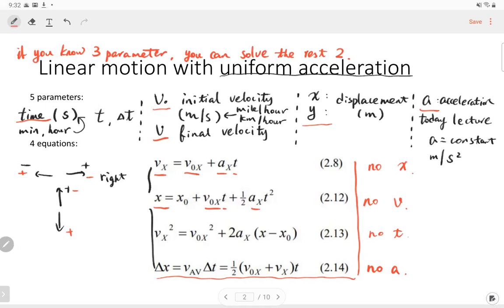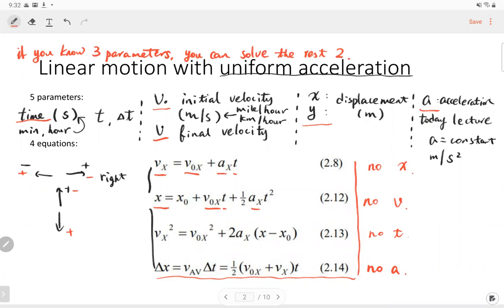So that means if you know three parameters, you can solve one parameter with one equation. Then you have four parameters, and then you can solve the final fifth one.